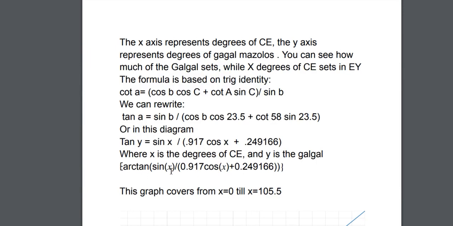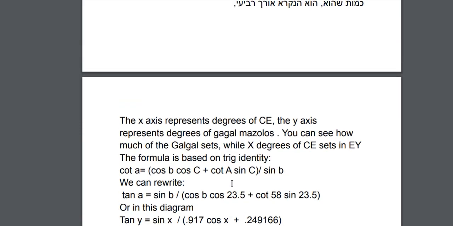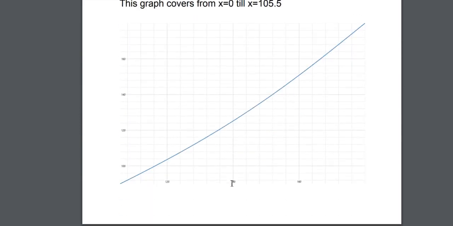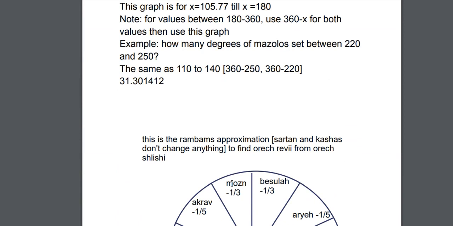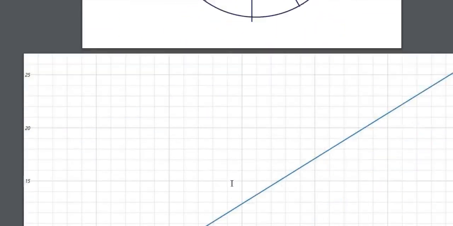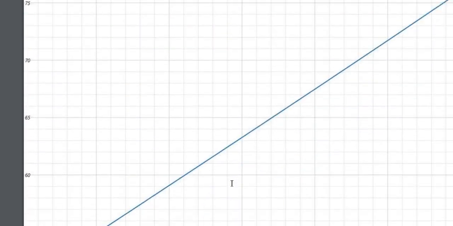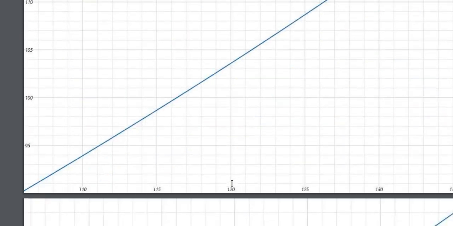I just brought down this graph, but really you can always add 180, and then you get the second graph. I didn't show you how to do this, but this is all the graphs.